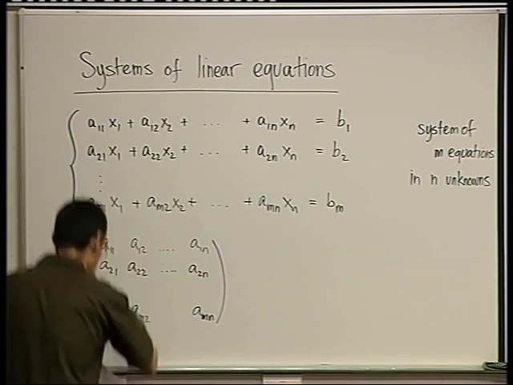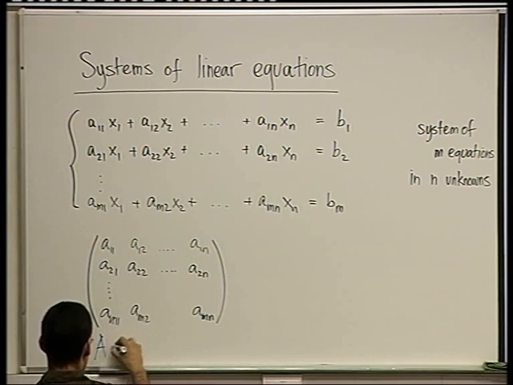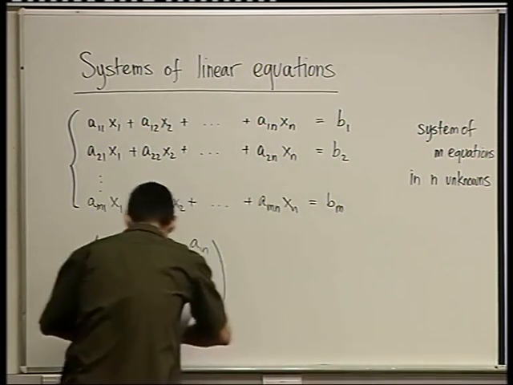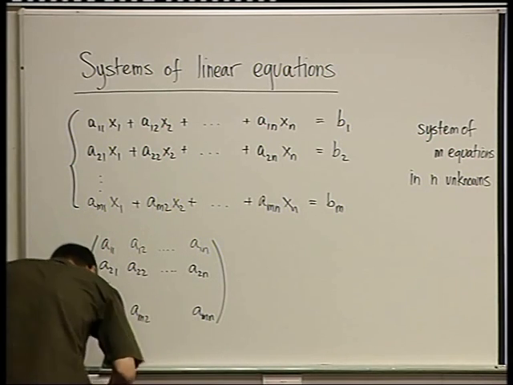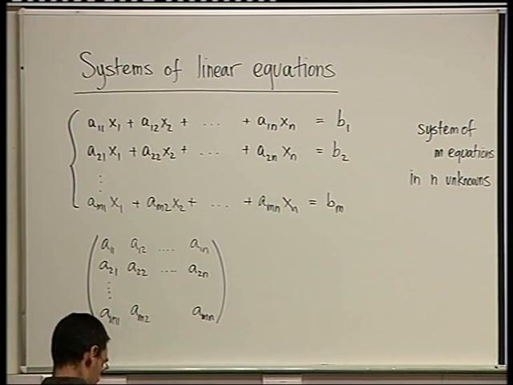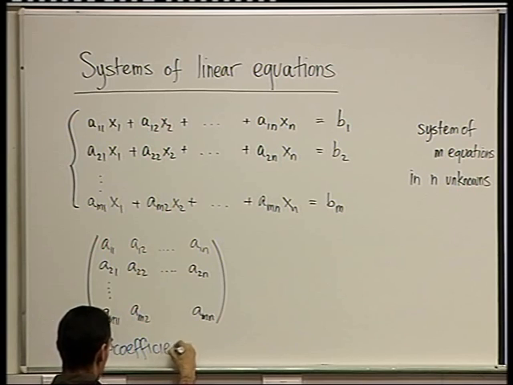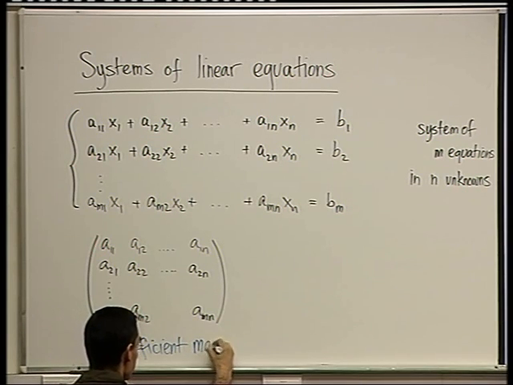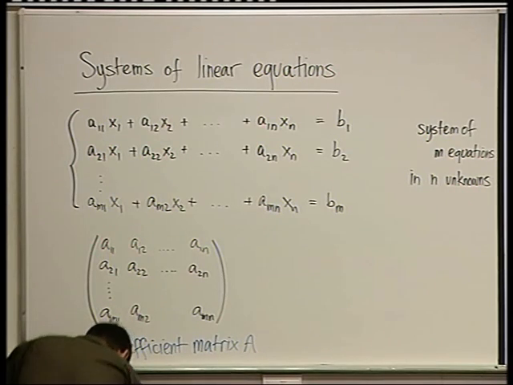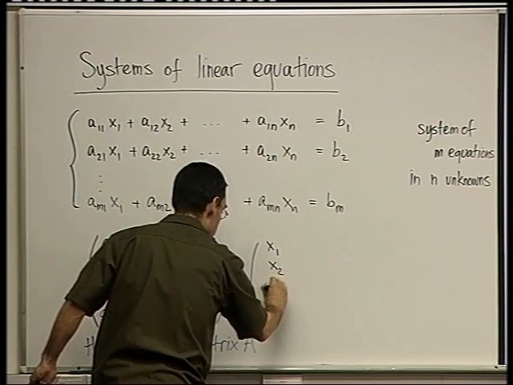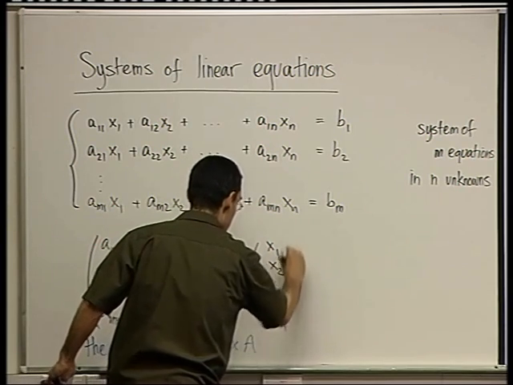This is, we said, called the coefficient matrix, A. And then we're going to multiply it by the vector x1, x2, all the way to xn.